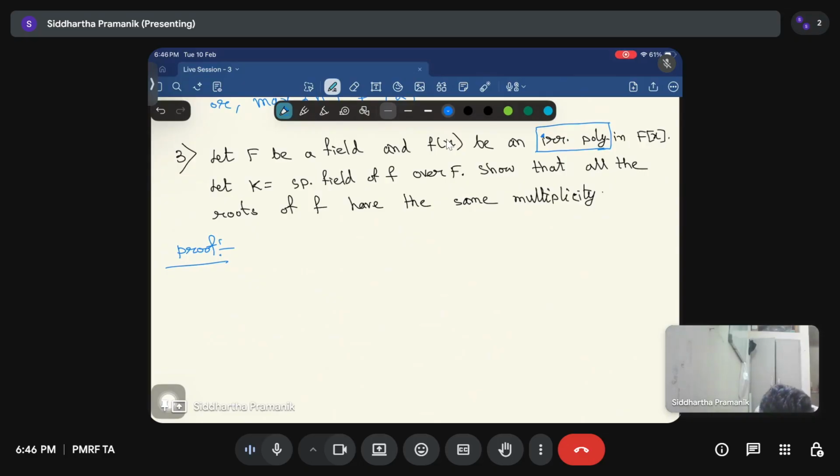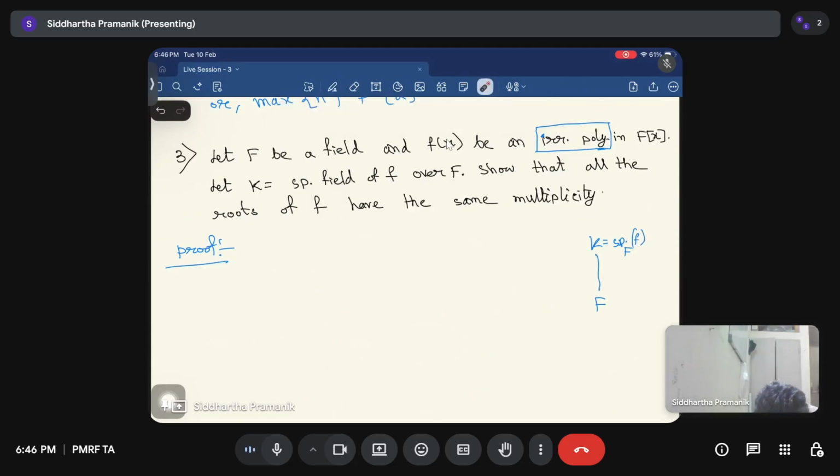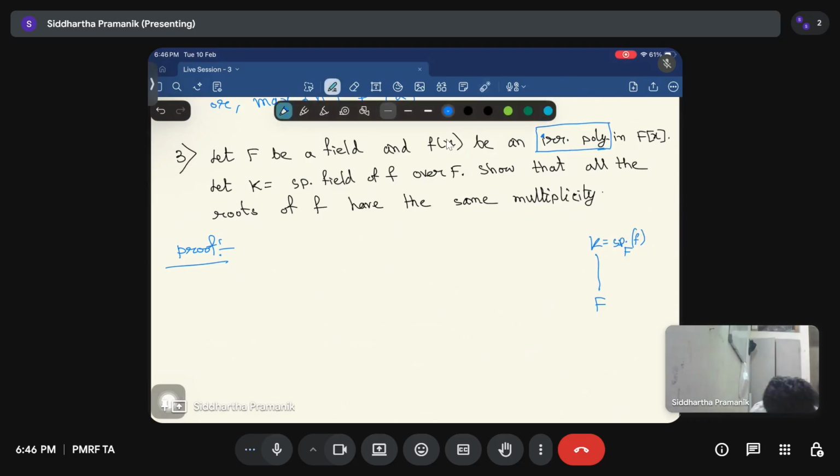Here you have a base field F. You are taking the splitting field of a polynomial over the base field F. Then in this splitting field, all the roots of f have the same multiplicity.